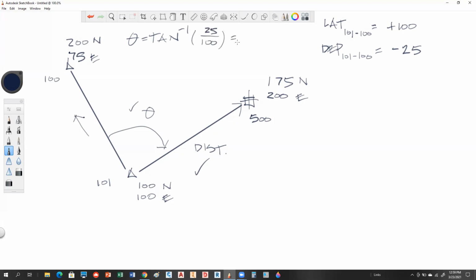So we have 25 divided by 100. Arctangent, and convert that to degrees, minutes, seconds. That gives me north 14 degrees, 2 minutes, and basically 10 seconds. It's pretty close to 11 seconds, but not quite. All right, we agree with that?